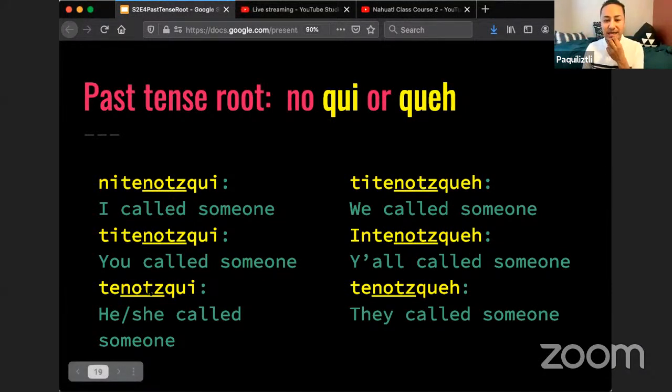That verb notza, when you put it in the past tense, it becomes notski. And so you say nite notski. Essentially, by removing the ki, you have the past tense root. The past tense root doesn't include any of the prefixes. It just includes the verb without the ki or the ke. Now, if you kind of think about it for class 1 verbs, the class 1 verbs have that C. You do keep the C.